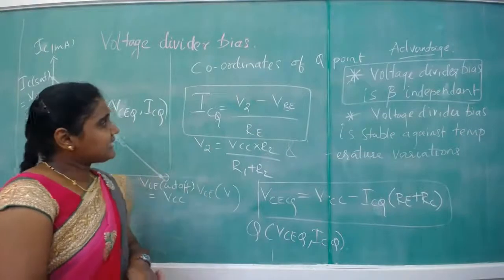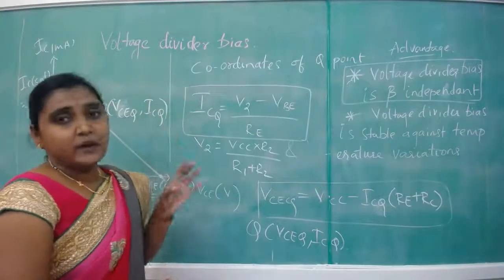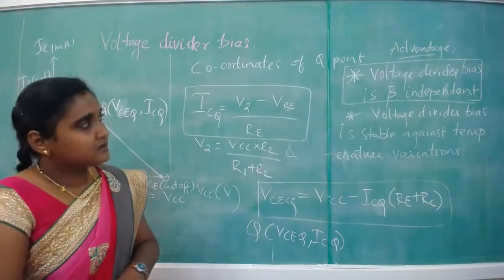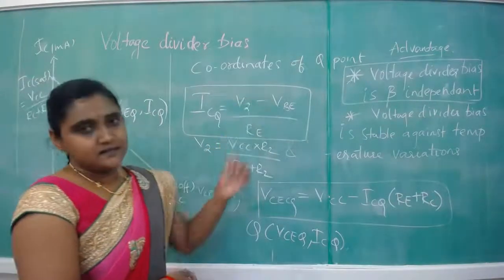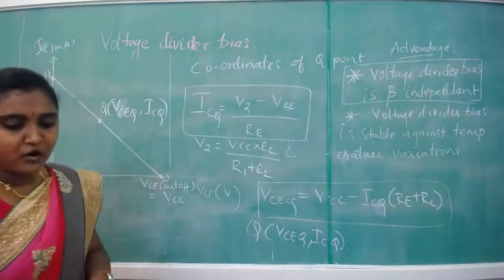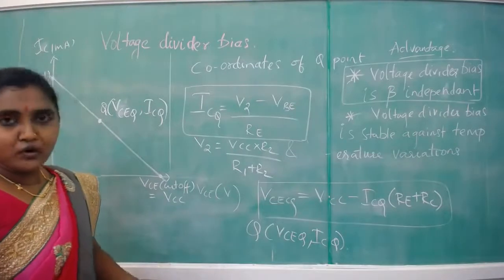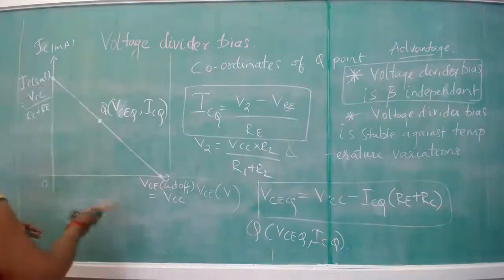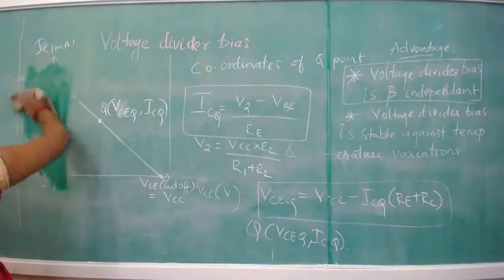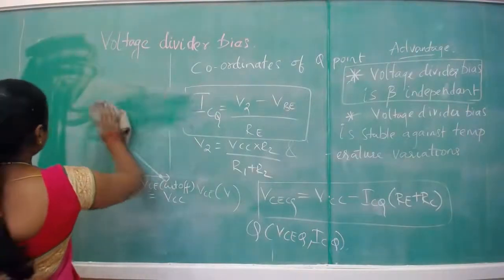In the beginning of the class itself, I told you that voltage divider bias is the most widely used type of transistor biasing, and these are the reasons. Independence of beta is the reason for the voltage divider bias circuit being widely used. So this is about the voltage divider bias.